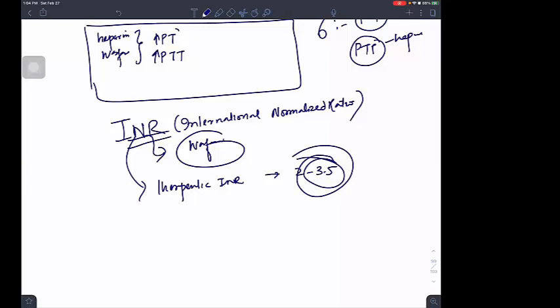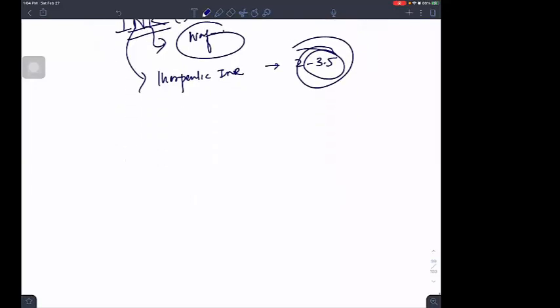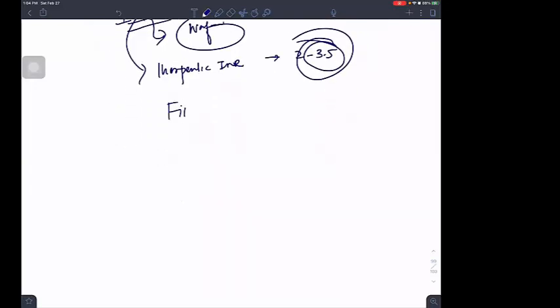Now we come to the fibrinolytic tests. We said that in fibrinolysis we have to destroy those polymers, those plugs, that fibrin mesh, so that we can restore the blood supply to that region.